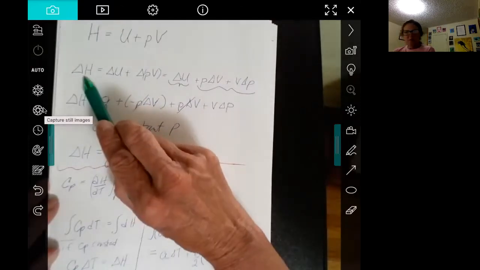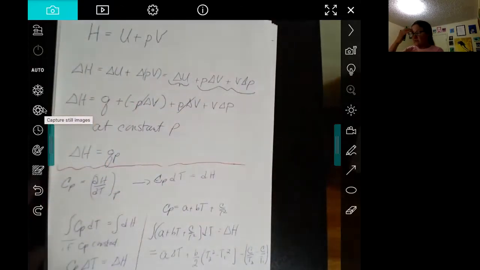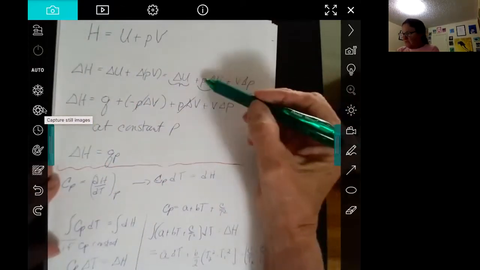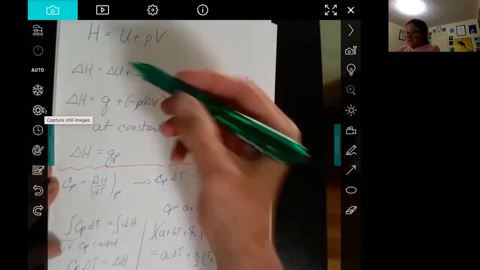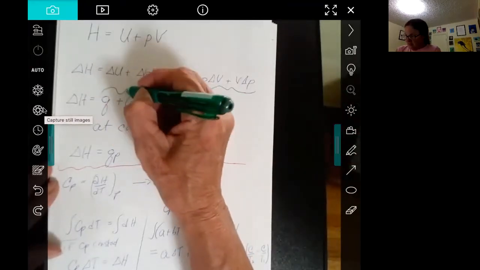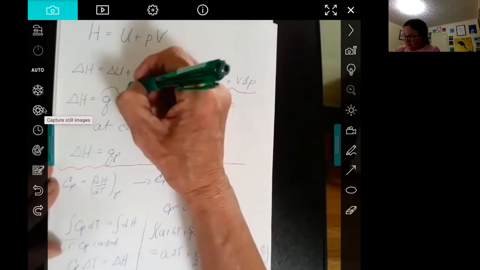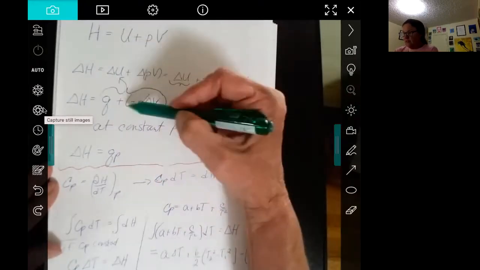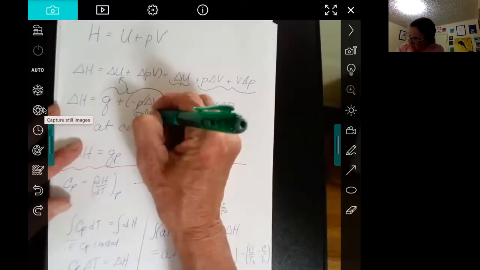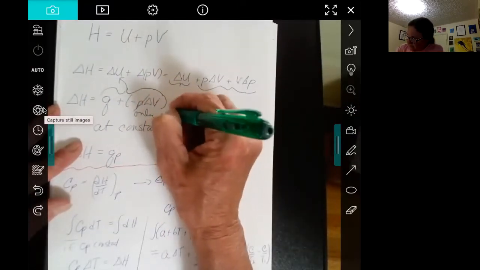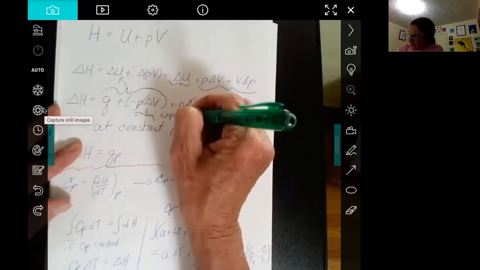It should have the same impact on the enthalpy because enthalpy is a state function. So if I expand this, and then I write in the definition of internal energy change, which would be Q plus work, this is meaning we only have expansion work, no electrical work, which we won't talk about for a while.